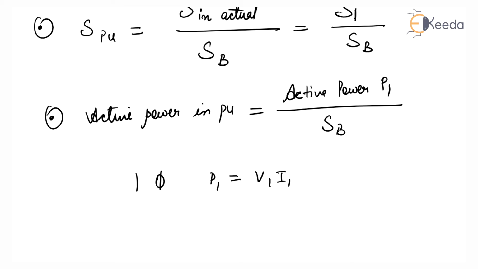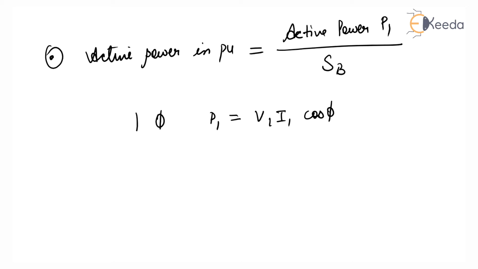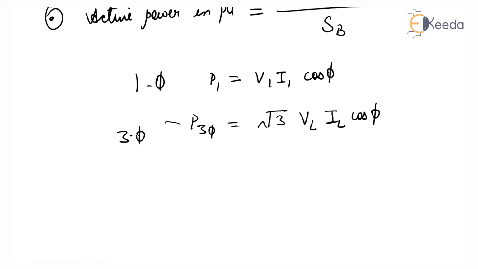Similarly, active power for single phase, we know, is P equals V I cos phi. Now for three phase, it is equal to root 3 VL IL cos phi, in terms of line quantities, and in terms of phase quantities, it is 3 VPH IPH cos phi.